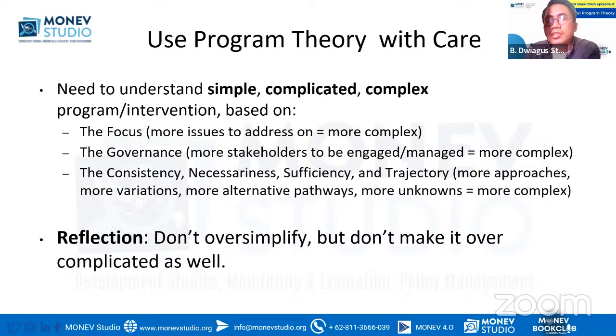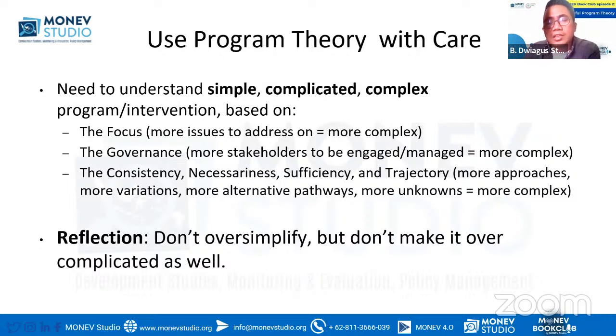You need to engage and manage them in a certain way. So this needs to be treated differently when we identify the program theory, including the consistency in the approach, the sufficiency, or the trajectory. My interpretation is that more approaches, more variations of the intervention, more alternative pathways, or more unknowns within the program means a more complex program. And sometimes this needs to be taken into consideration when you use the program theory.